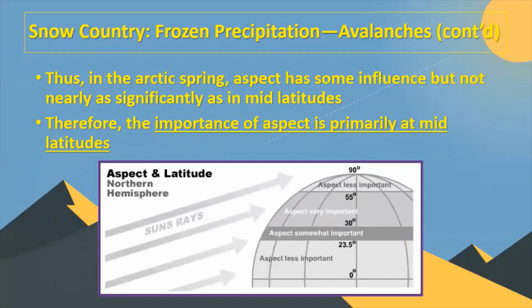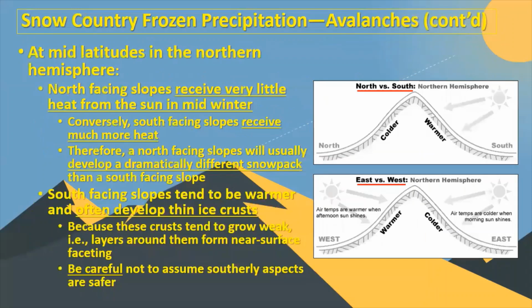So this is the Arctic spring aspect. It has some influence, but not nearly as significant as the middle latitudes. That's what we're showing here, the impact by labeling through the latitudes when or where essentially avalanches should be considered as being important as a hazard.